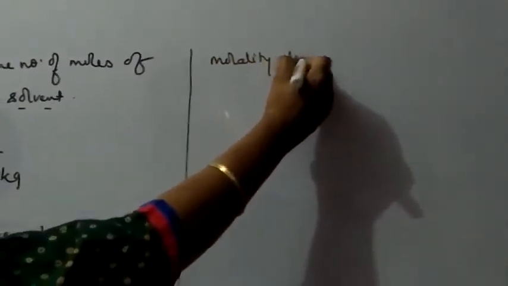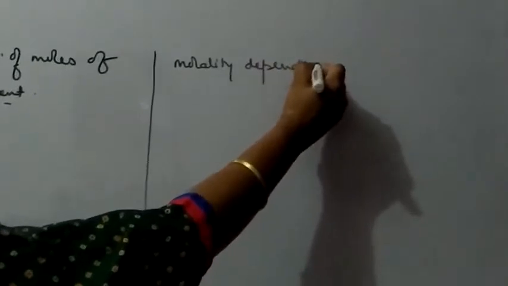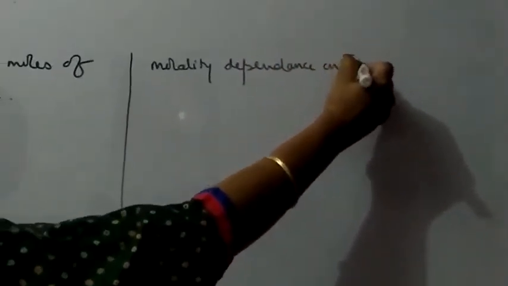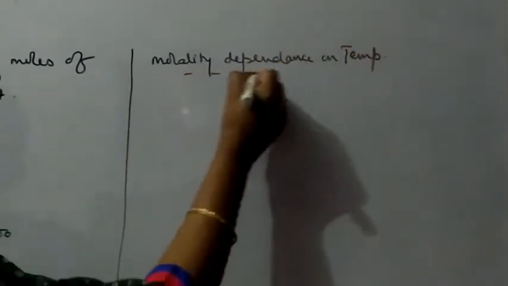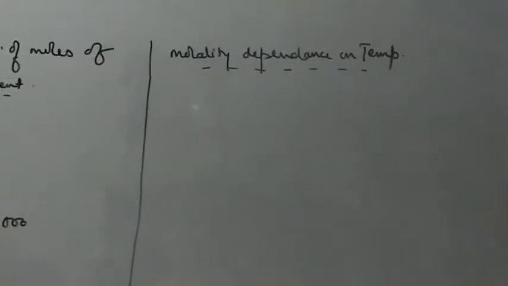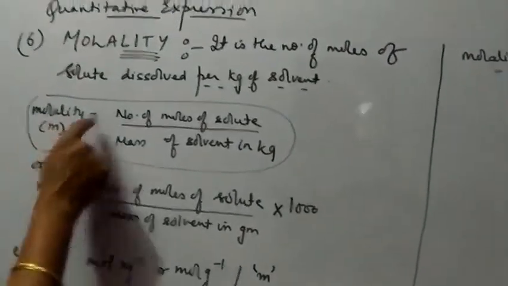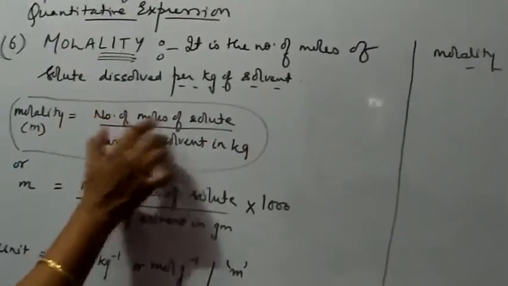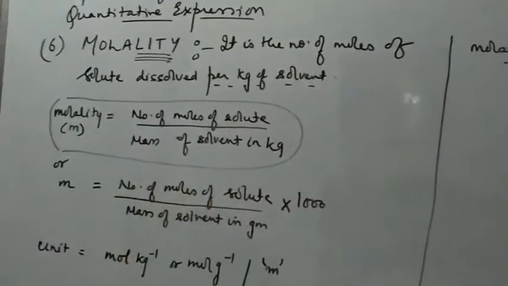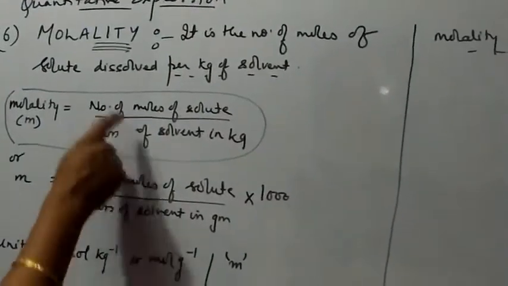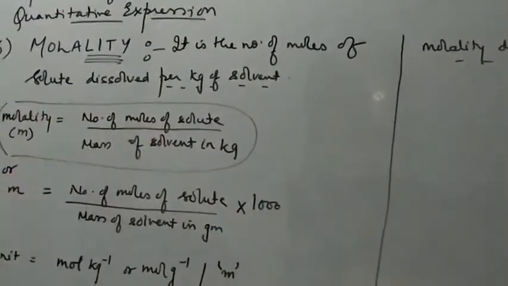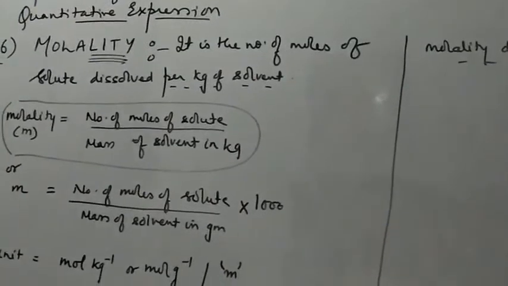Molality depends on temperature, right? Again you will see the formula. The answer lies here only: you can see the molality depends upon the number of moles and the mass of solvent in kg, right? So does any one of these get affected by temperature?